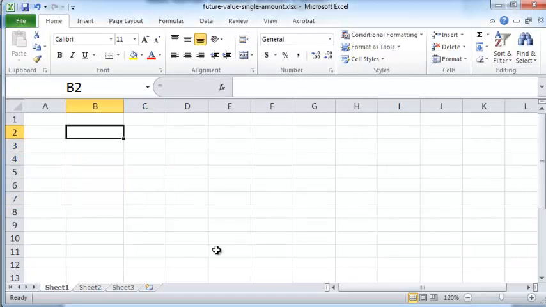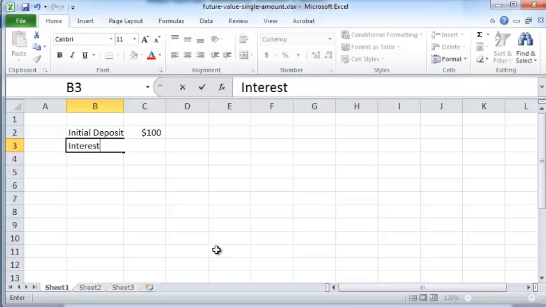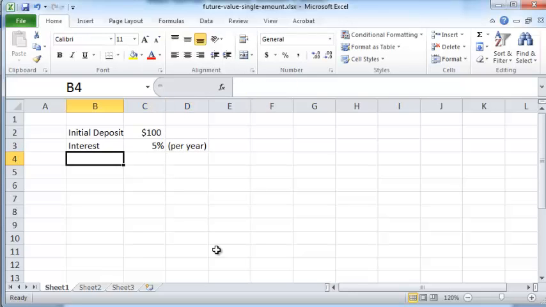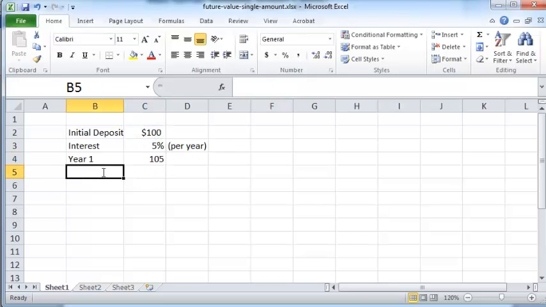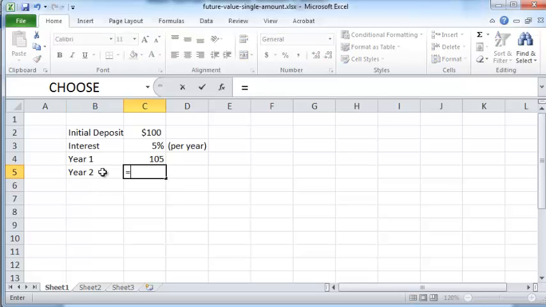So let's say you have an initial deposit of $100 and you have an interest rate of 5% per year. So at the end of year 1, your future value is your $100 times 1 plus the interest rate, and at the end of year 2, it is your $100 times 1 plus the interest rate raised to the power 2, and observe how I say raised.